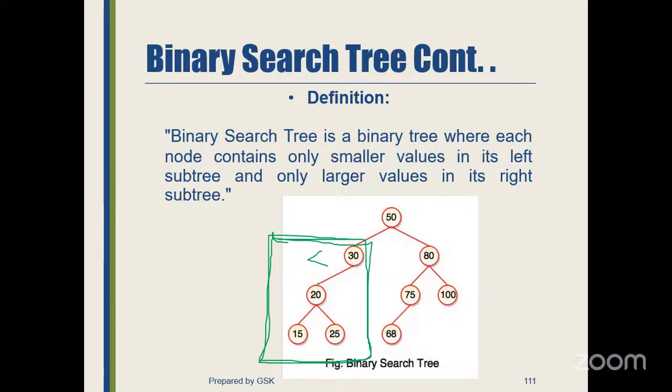So the left side values must be less than 30. So that is 20. If you write 40 here, that becomes invalid. The left subtree of 30 should not have a value greater than 30. If you write 40, it will not be considered a binary search tree.